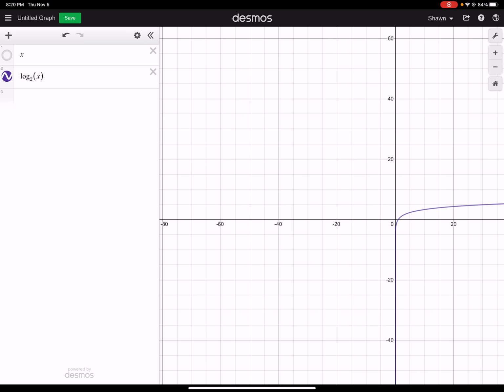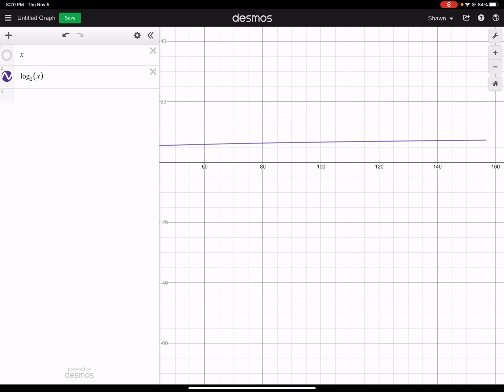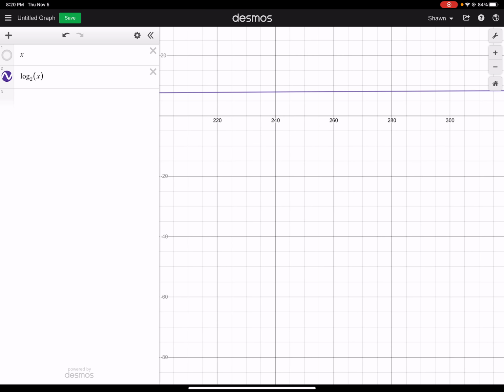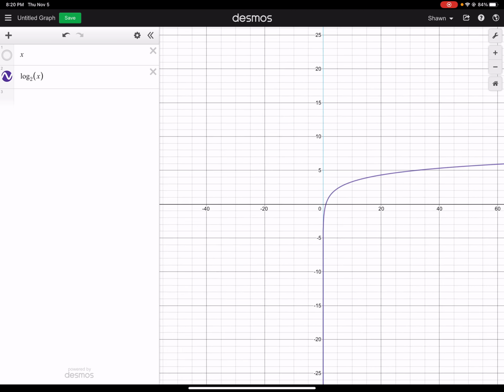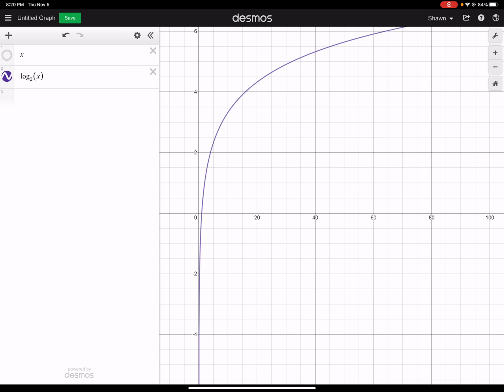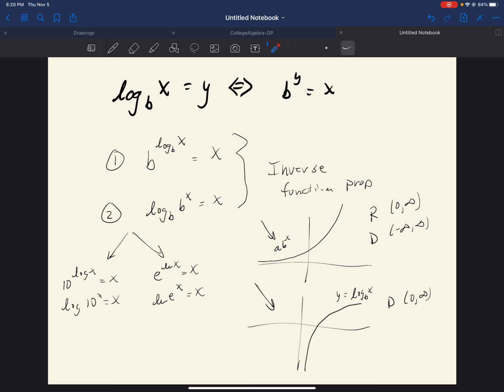There's nothing ever defined anywhere over here in the negatives, but forever in the positive, it's good. So you can go from 0 right there, from that 0 spot all the way to infinity in there. And so that's because the range of this function becomes the domain of its inverse.